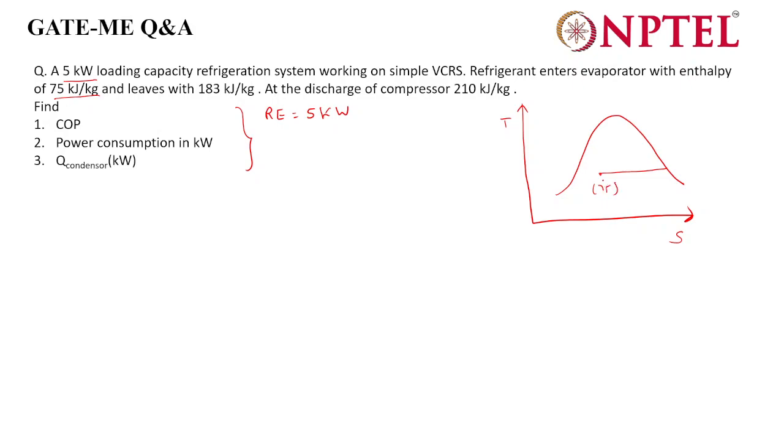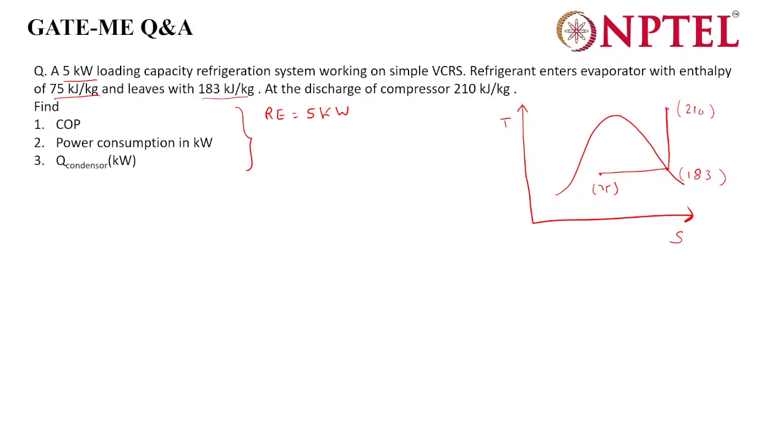It is the enthalpy of this point, and it is leaving the evaporator at 183 kilojoule per kg. So the enthalpy of this point is 183 kilojoule per kg, and after this it will enter the compressor. Isentropic compression would happen, and this point is the discharge from the compressor. So this enthalpy is 210.